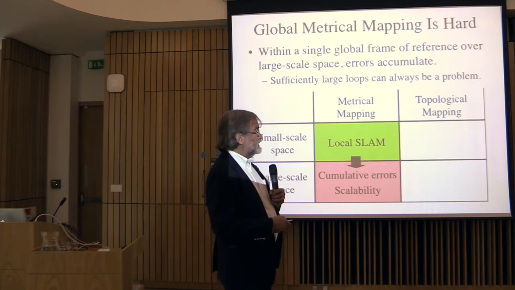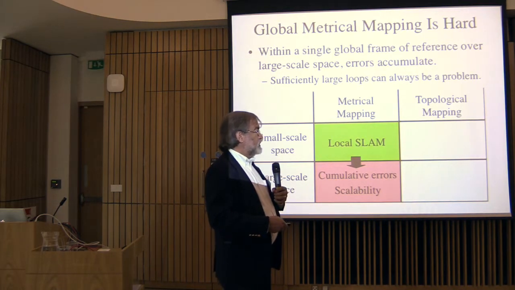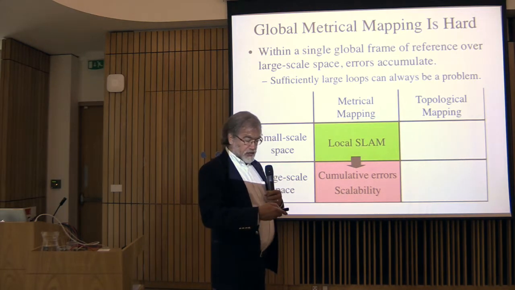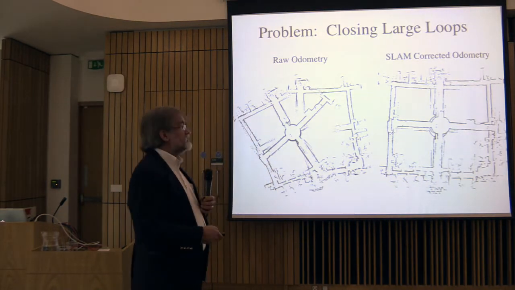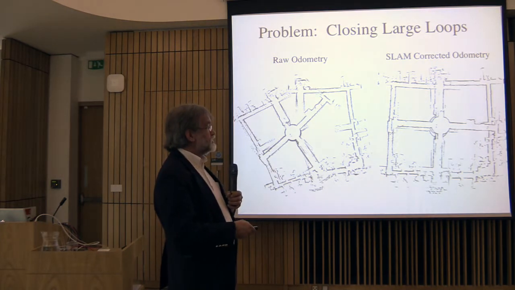Now, the difficulty is that once you can build really good metrical models of small-scale space, it was tempting to say, well, now we can build metrical models of large-scale space. And the kinds of problems that people ran into is that when you're closing large loops, this is what happens.